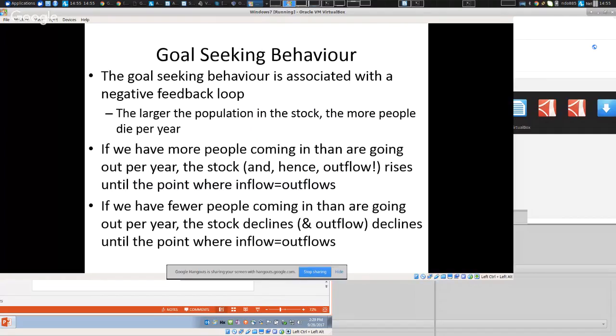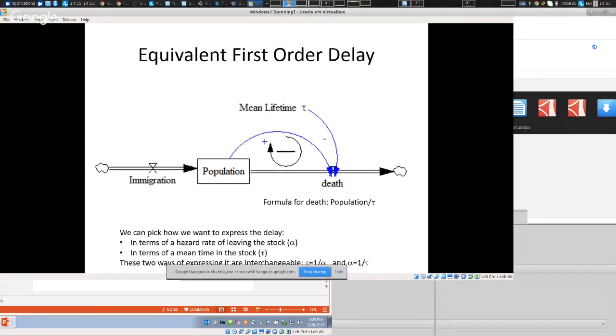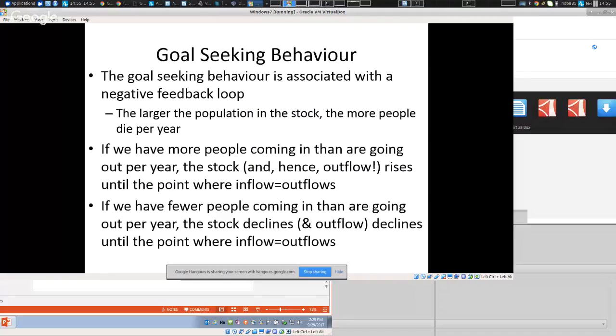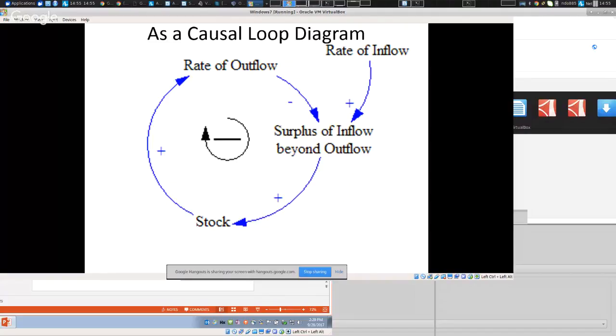The larger the value of the stock, the faster people will be coming out of this stock, right? And the smaller the value of the stock, the smaller number of people come out of the stock. If the population is 0, what's the rate of flow out of the stock? 0. 0, ladies and gentlemen. And that's associated with a goal-seeking behavior. The stock wants to come back to some natural value of flow.